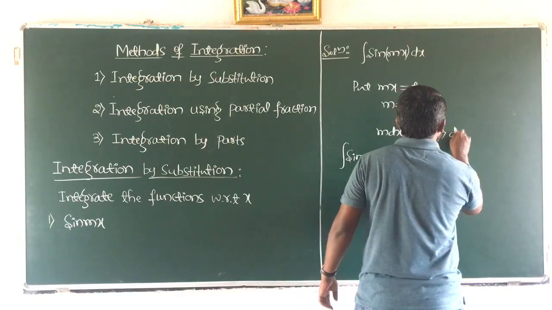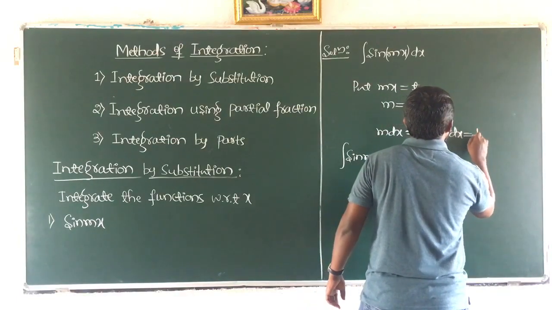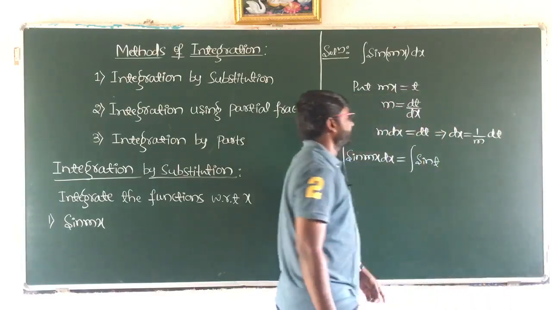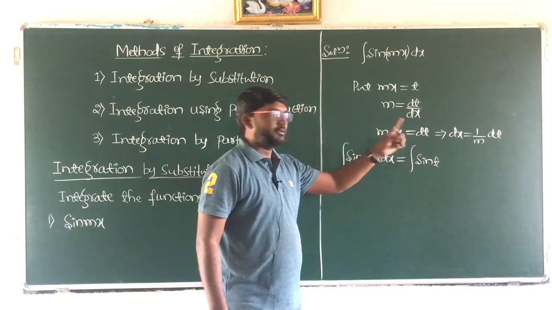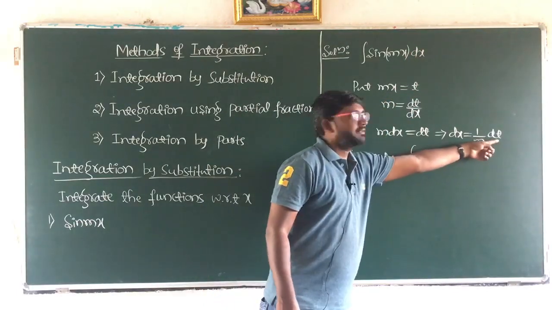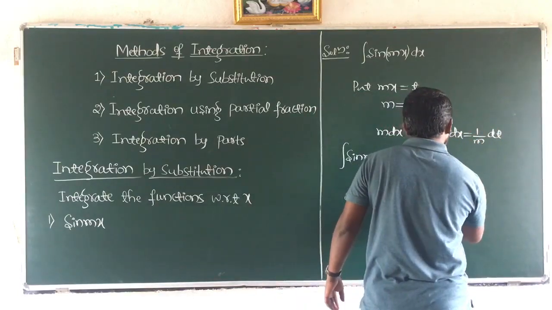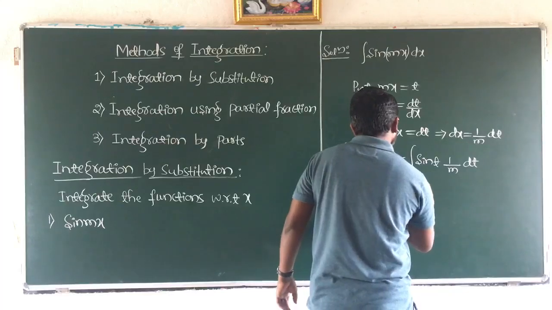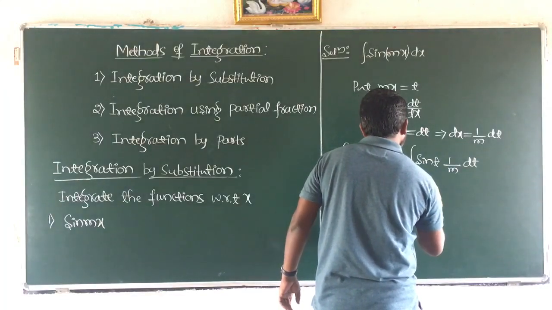So dx equals 1 by m into dt. So here I replace dx by 1 by m dt. Now 1 by m is a constant, write it outside the integral.